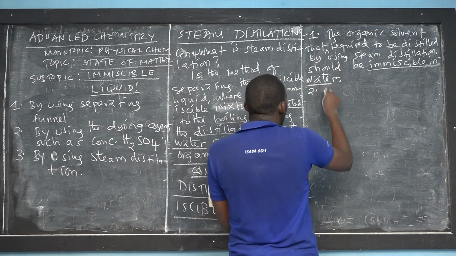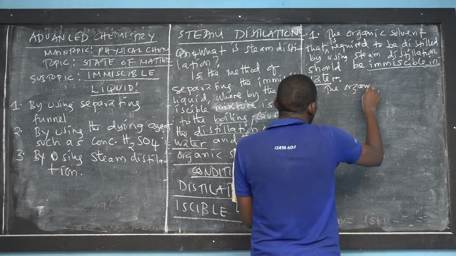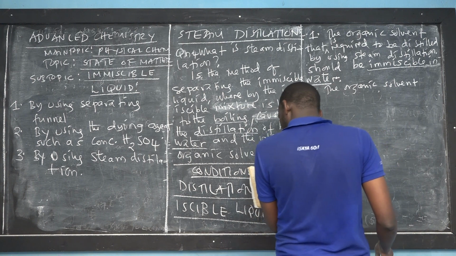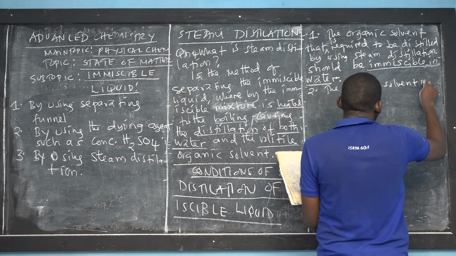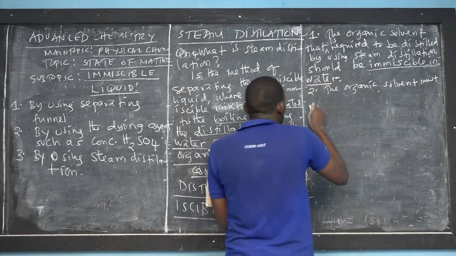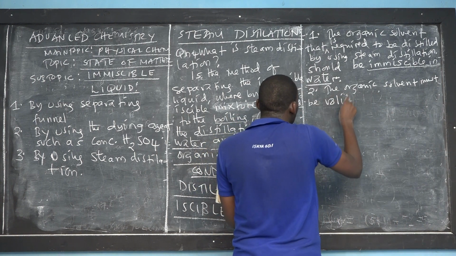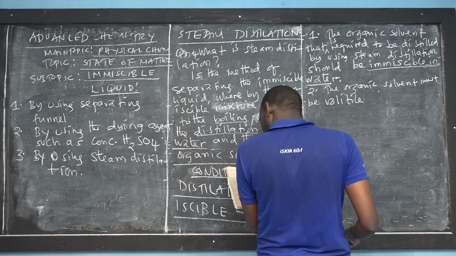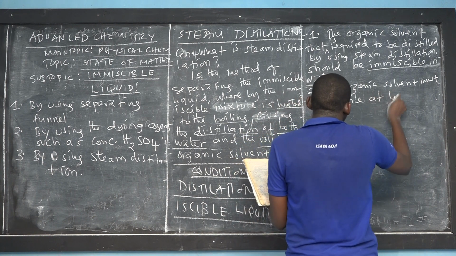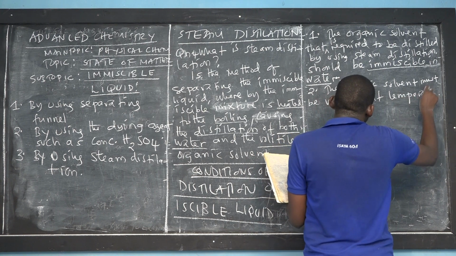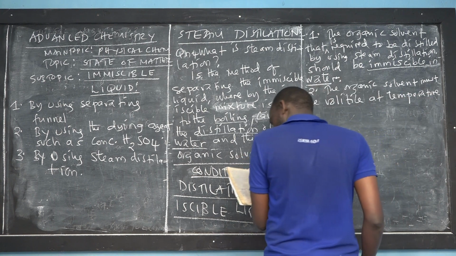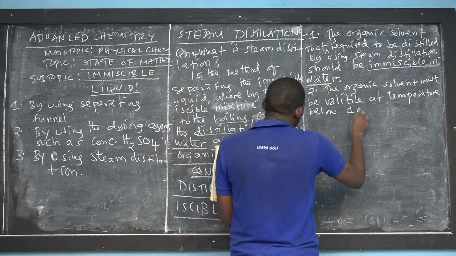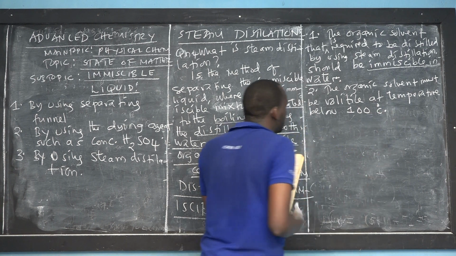Again, the second condition: this organic solvent must be volatile. Must be volatile at a temperature below 100 degrees centigrade.